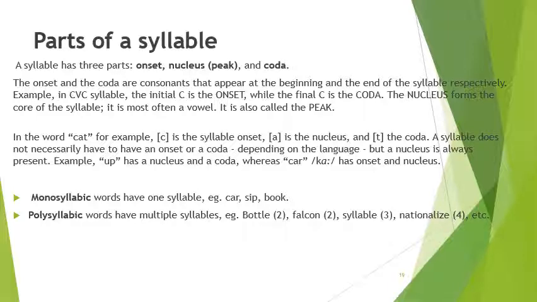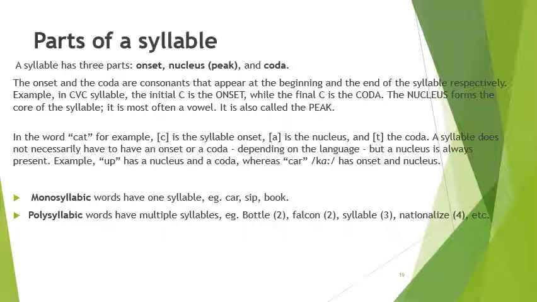Words can be monosyllabic and can be polysyllabic, meaning they can have only one syllable or they can have more than one syllable. Monosyllabic words are words like car, sip, book. They all have what? One syllable. And it can be what? Onset, nucleus, or onset, nucleus, coda, depending on what?